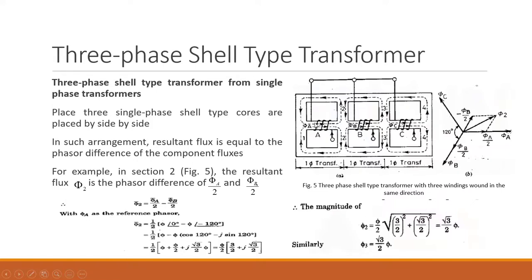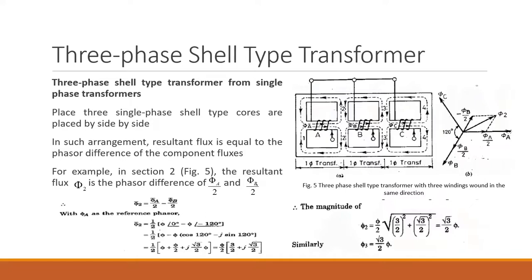You can see that the flux phi A is flowing here, and phi A is also flowing here. You can see phi B is flowing in this way, and phi B is also flowing in this way. The direction of the flux depends upon the direction in which the winding is wound.